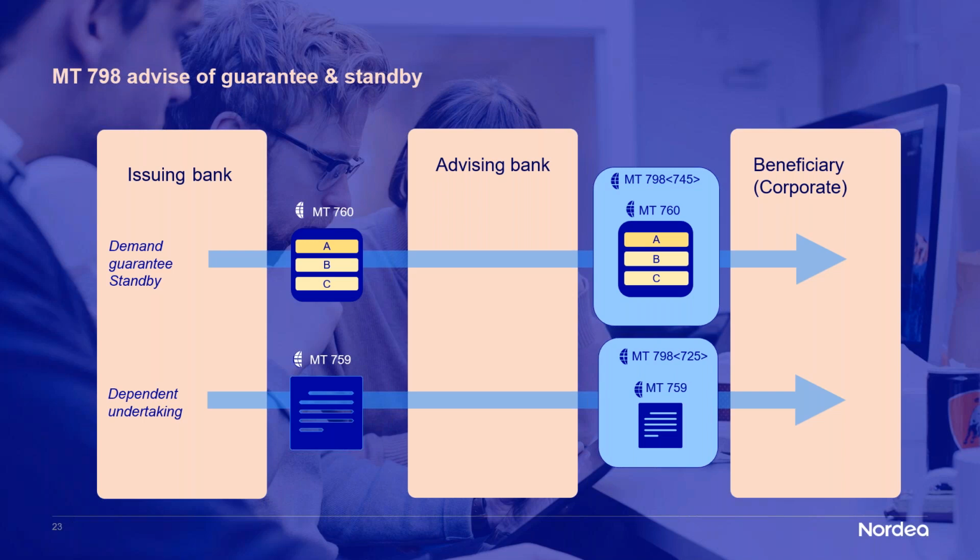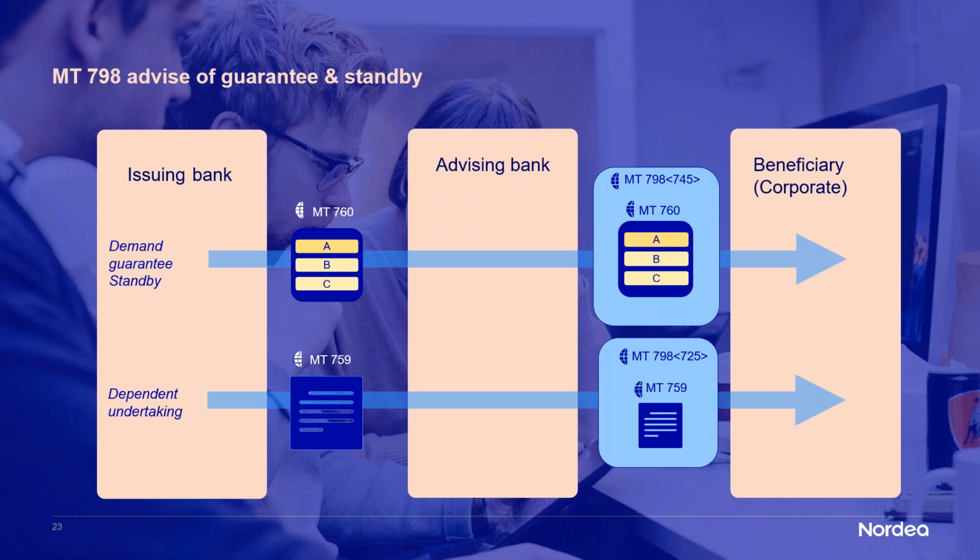So it will be the unstructured format. This is something we discussed for a bit to see, can we actually map it into the 760 so that it would be structured and very straightforward for the receiving beneficiary to handle it in their system.